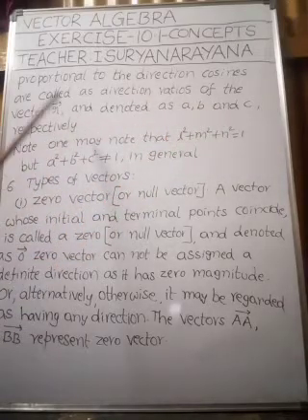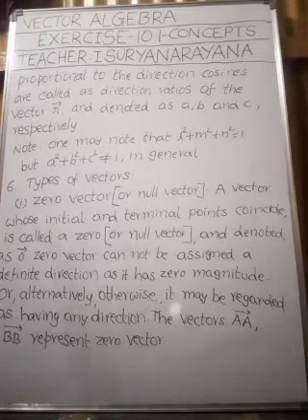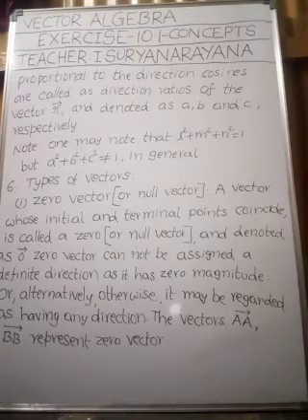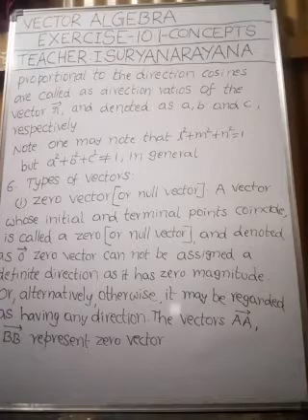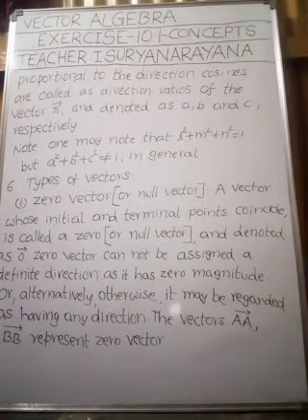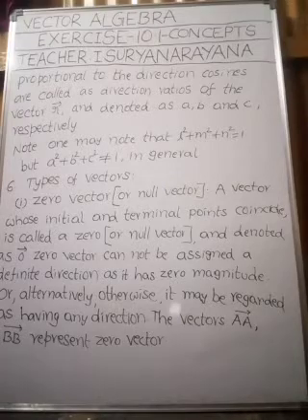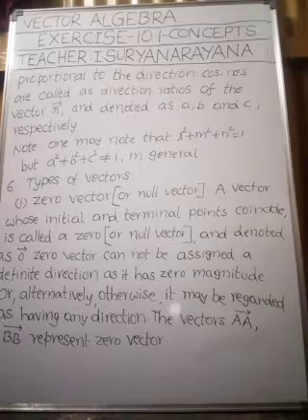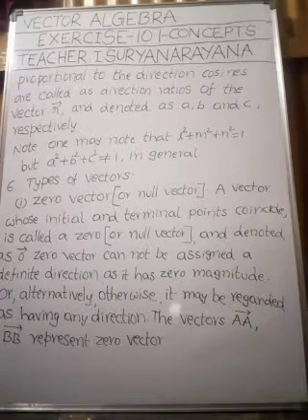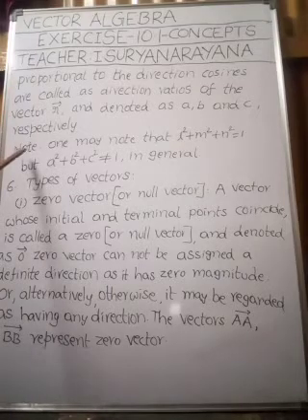Direction cosines and direction ratios. Understood the difference between direction cosines and direction ratios, my children? Direction ratios means there are infinitely many numbers which are proportional to direction cosines, but direction cosines are unique, only one ordered triplet. Right. Note, observe this point.